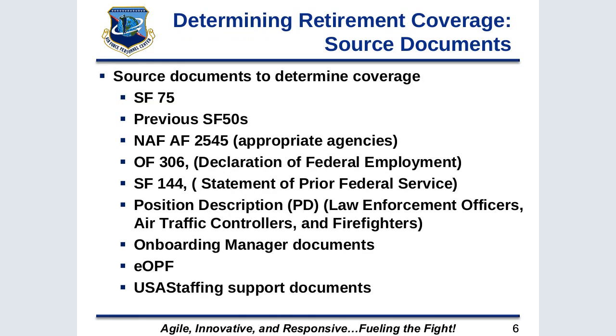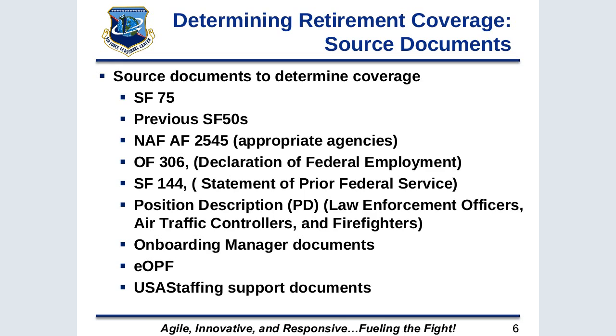Some of the source documents we use are the SF50, the SF75, previous 50s, the NAF Air Force 2545, the OF 306, the SF 144, and the PD, position description, especially for law enforcement officers, air traffic controllers, and firefighters.